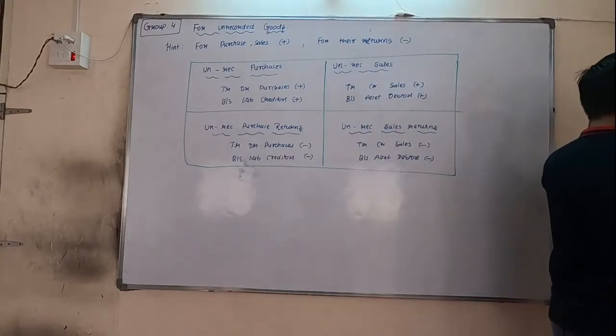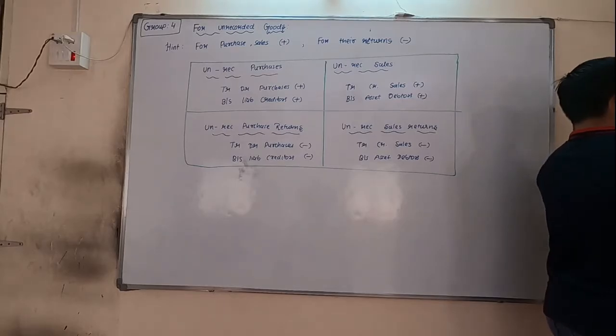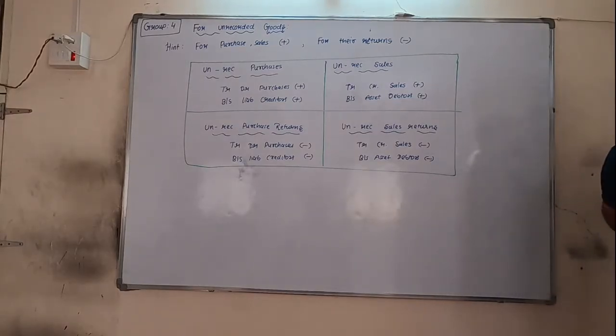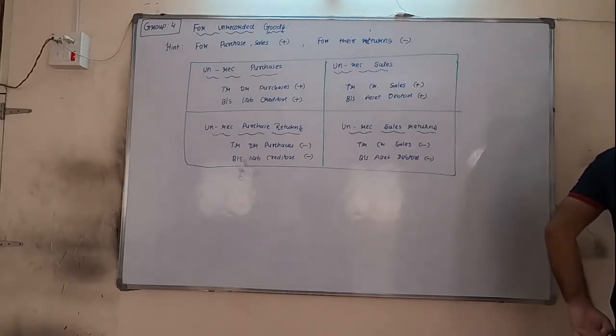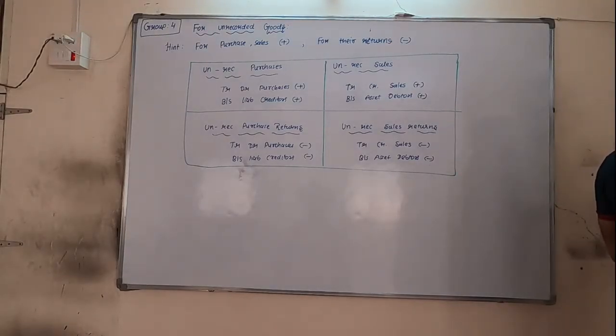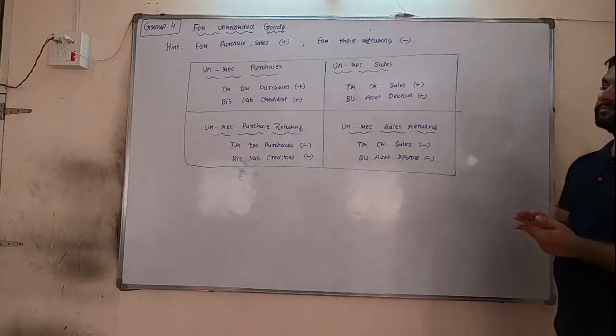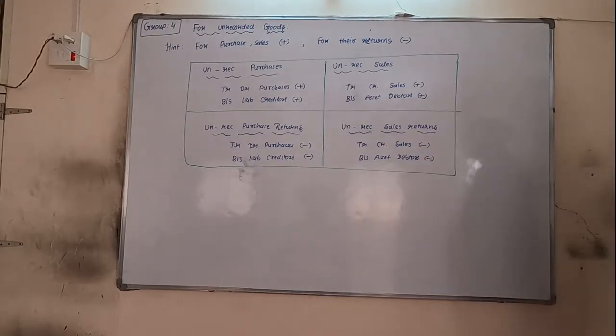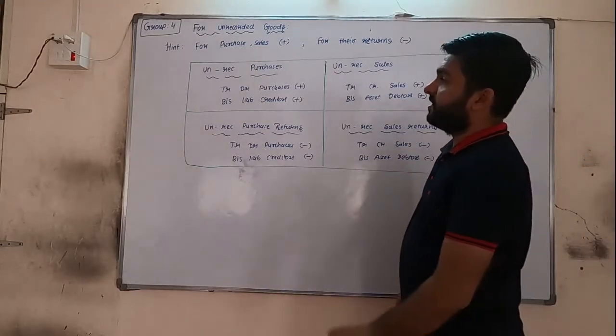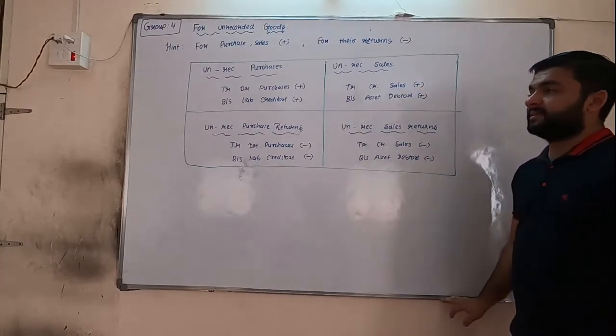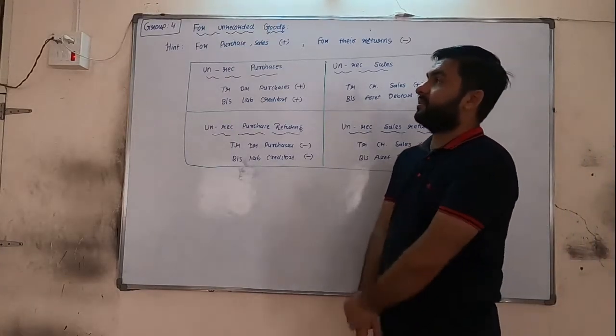You may write this. Okay friends, so these are the transactions for unrecorded goods, purchase and sales plus plus and their returns minus minus. That's all with group 4.